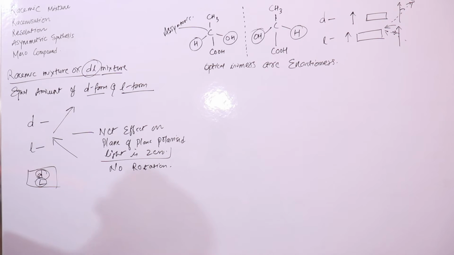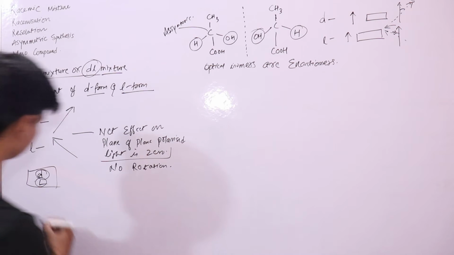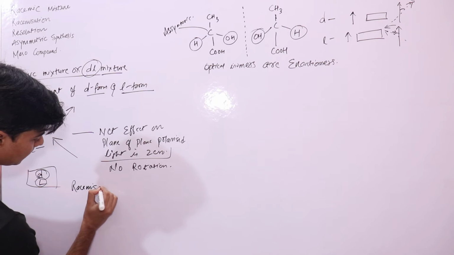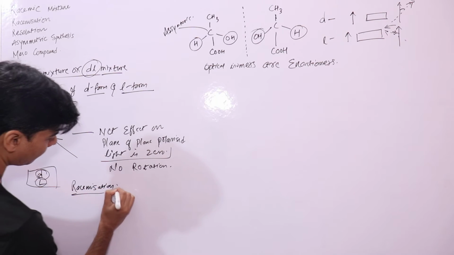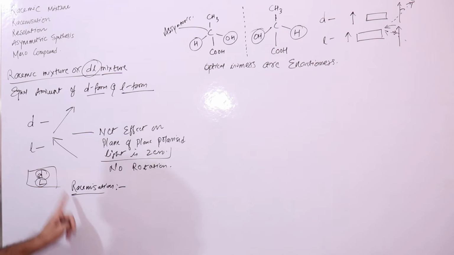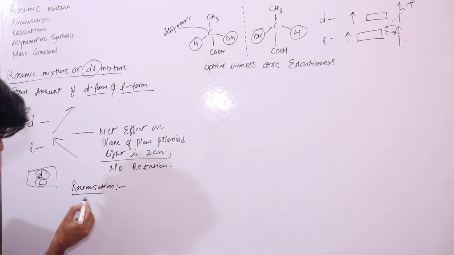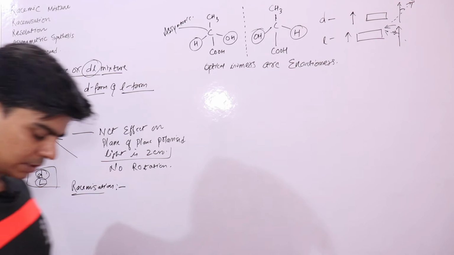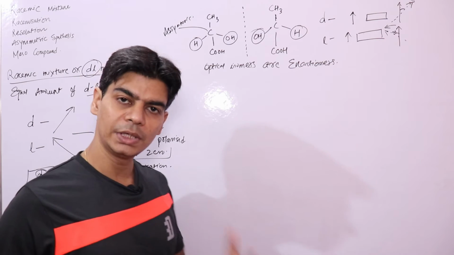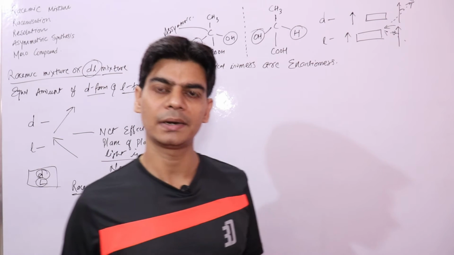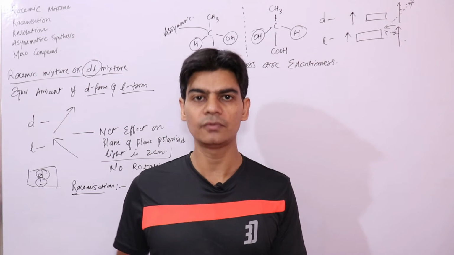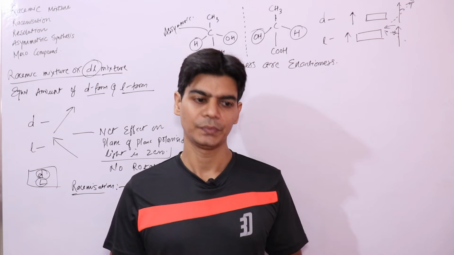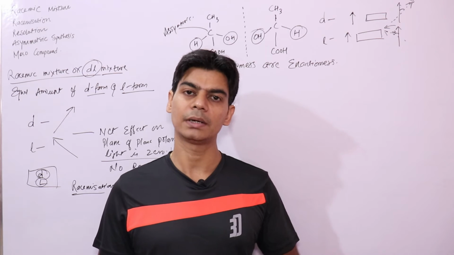Now the other term is racemization. You can just look at the word racemic mixture and racemization. Racemization is when you make a racemic mixture from either a D form or an L form, right? Suppose you have a D isomer and you want to make a racemic mixture.